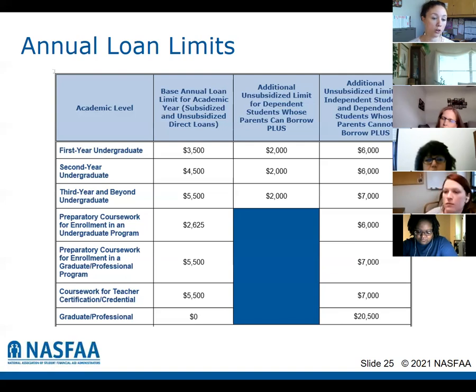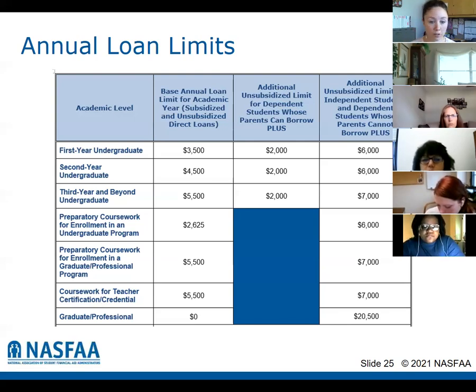And then of course, our third and fourth years can have up to 5,500 subsidized and the additional 2,000 unsubsidized. A good way to remember it is that it's always an extra 2,000 of unsub eligibility, and then just go 3, 4, 5, 5 in your head.